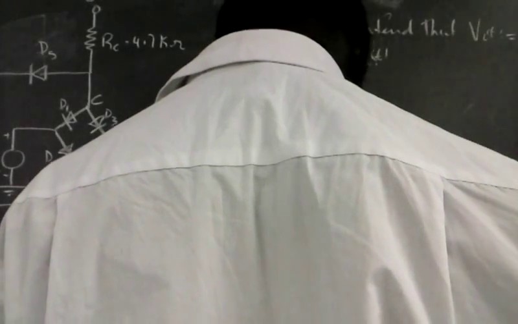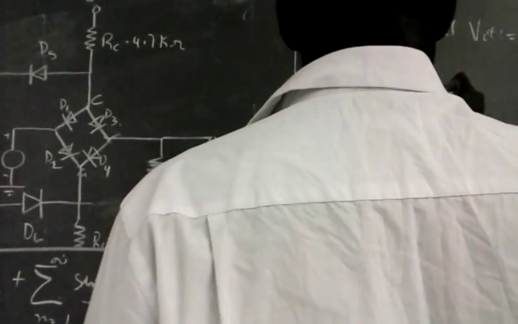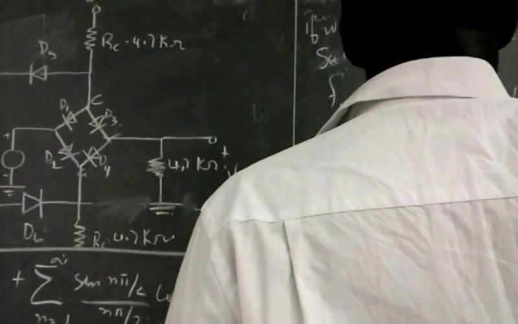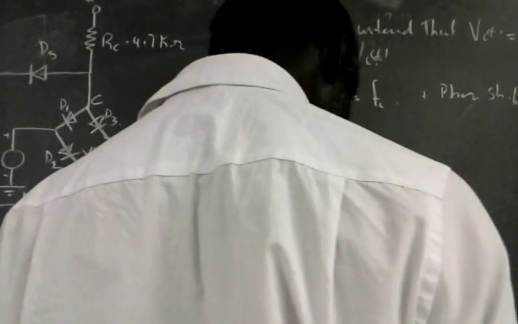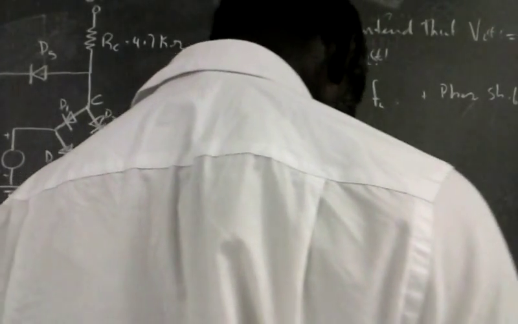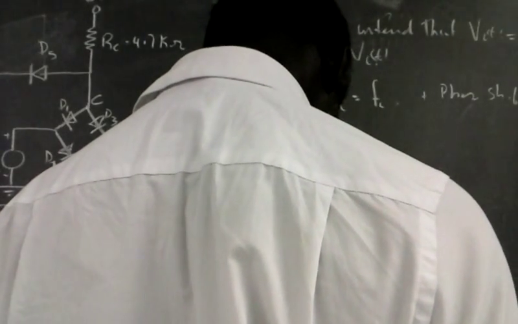Now, if Fi equals Fc, and there is a phase shift theta between Vi of t and S of t, and VL of t is low-pass filtered, then the output of the filter is proportional to sine theta.